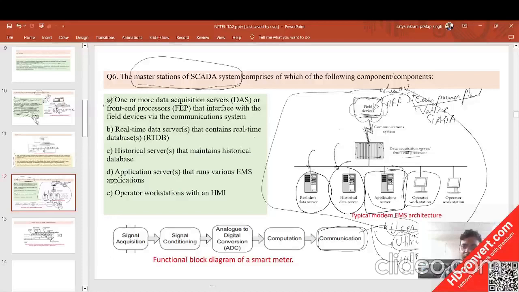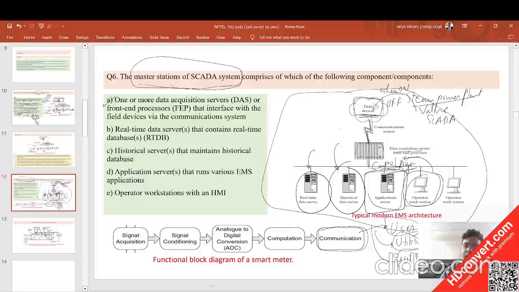The application server has a control algorithm which senses the present situation, and this control algorithm gives the command, along with the operator workstation, to the application server.